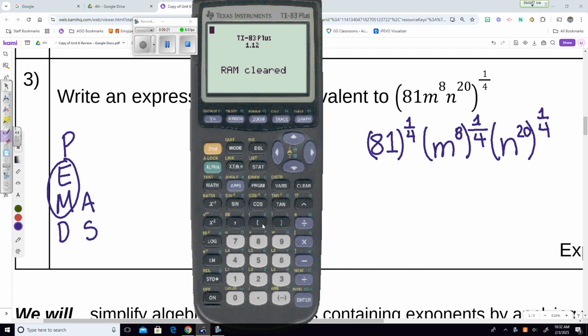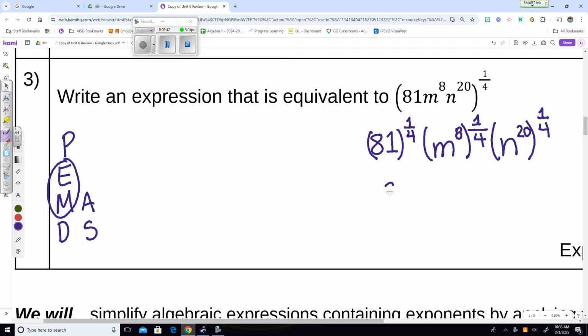So it's going to be open parentheses, 81 close, and then caret. The caret is below the clear. Make sure you know where to find it. I won't tell you on test day. And then open parentheses, 1 divided by 4 close. And we get 3. Very good.